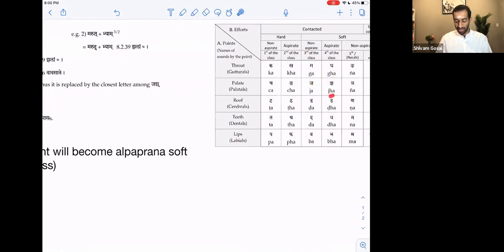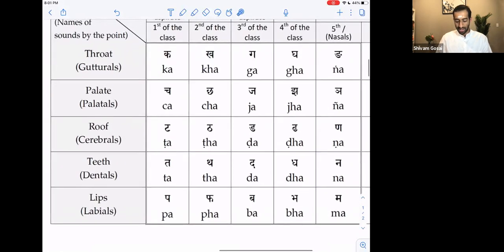If jha, then ja. If dha is at the end of the word, then da. It just becomes alpaprana, a little less air.